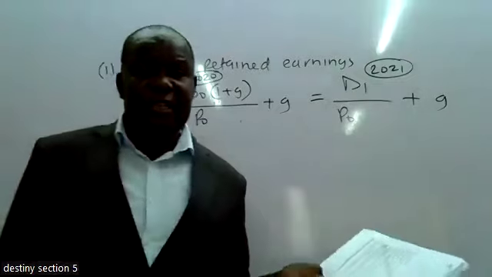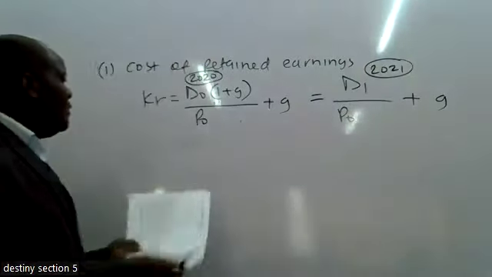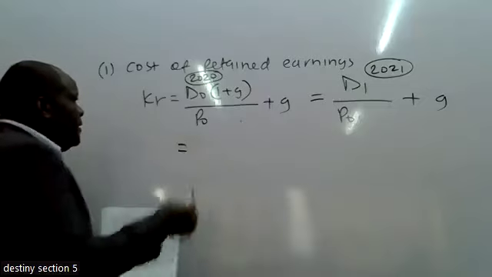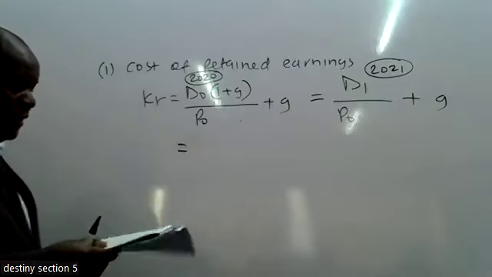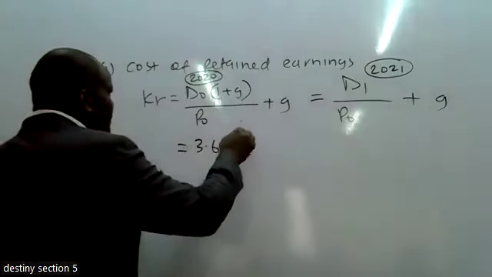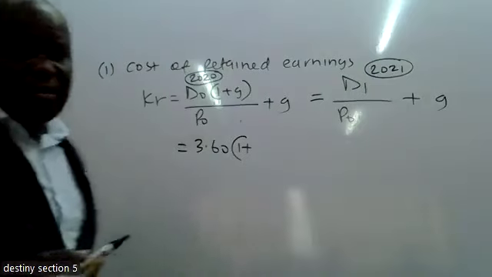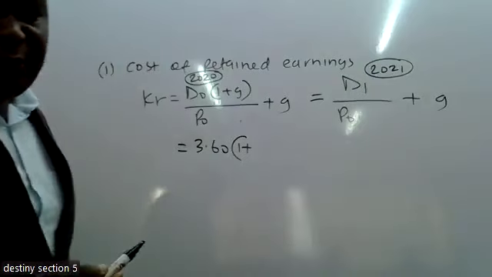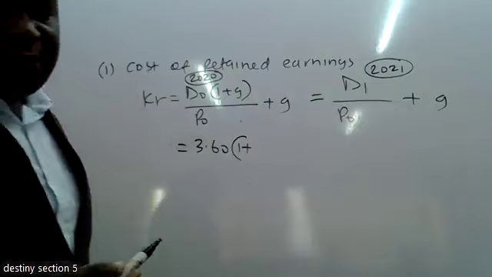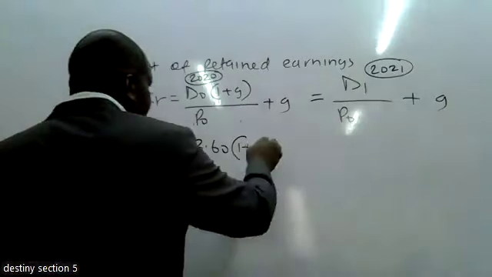Our D1 is the next dividend to be paid. So at this point, D0 is 3.6, times 1 plus G. G is the constant growth rate, which is 4.66%, the same as 0.0466.